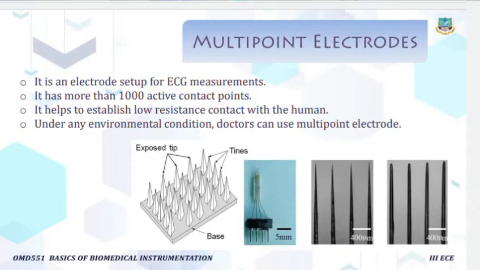Next one, the multi-point electrode. What is a multi-point electrode? It is also used for ECG measurement. It has more than 1000 active contact points for the generation of the signal, to contact the biopotential source.